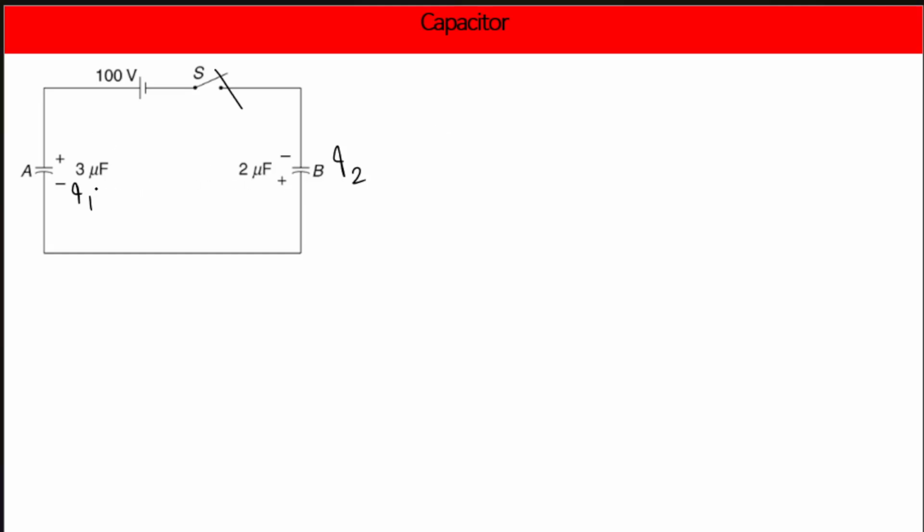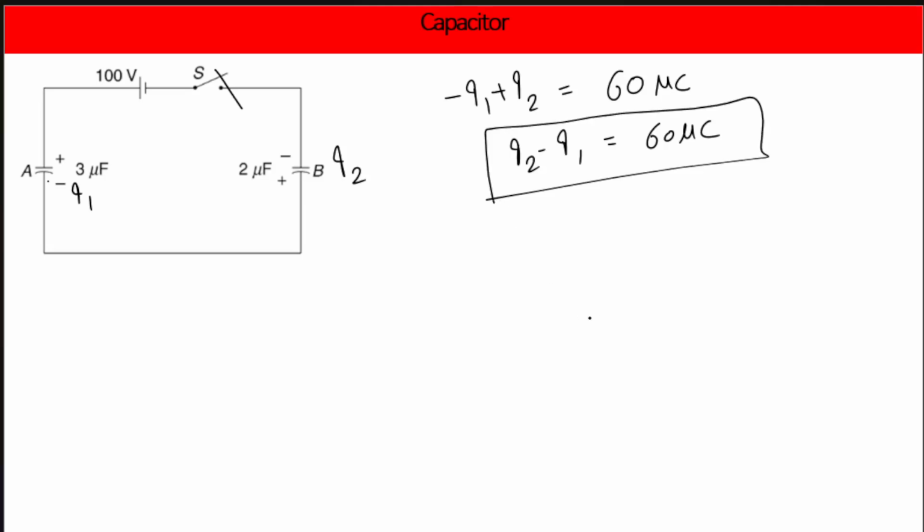What is the condition? The condition is minus Q1 plus Q2 has to be equal to 60 microcoulomb. So Q2 minus Q1 is equal to 60 microcoulomb. Now look carefully here. If the charge on this is Q1 and the charge on this is Q2, let's say the potential drop here is V1 and here is V2.